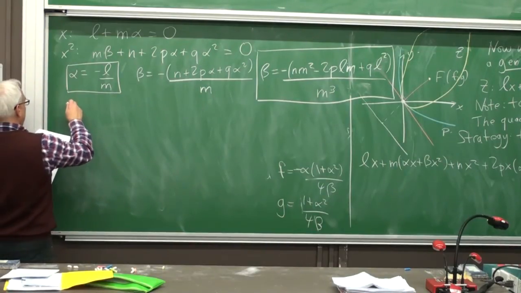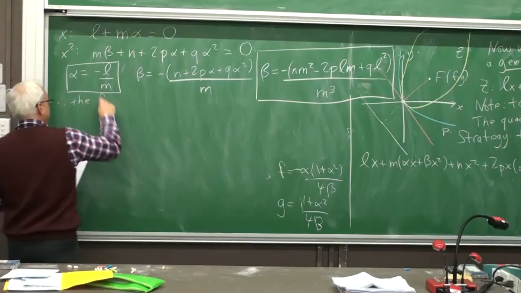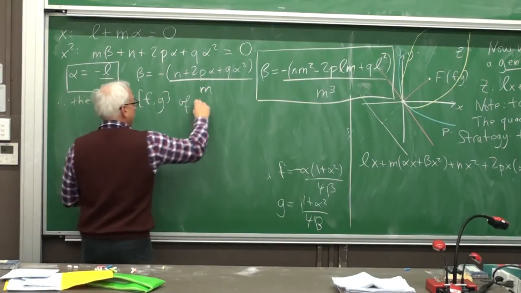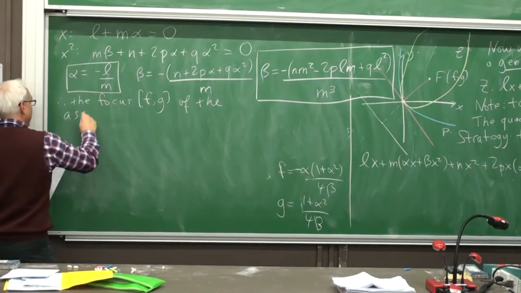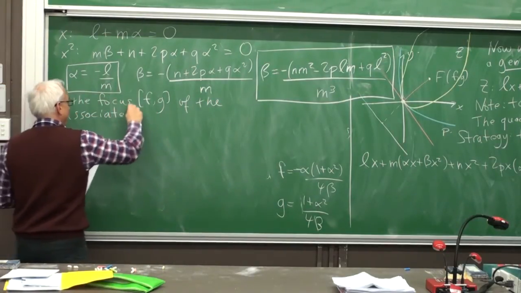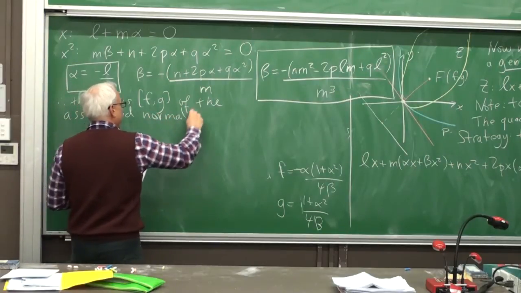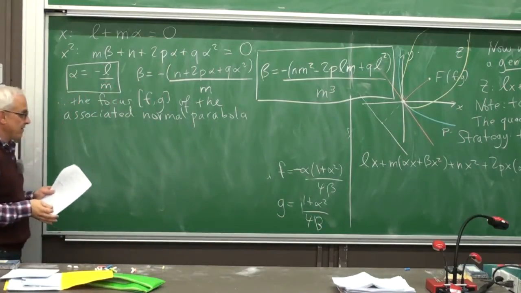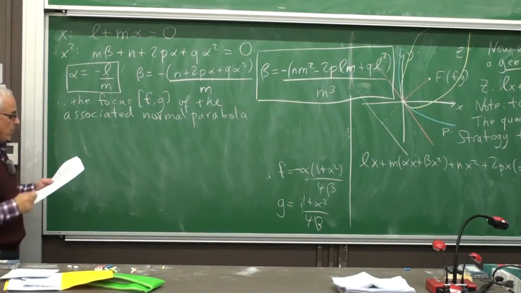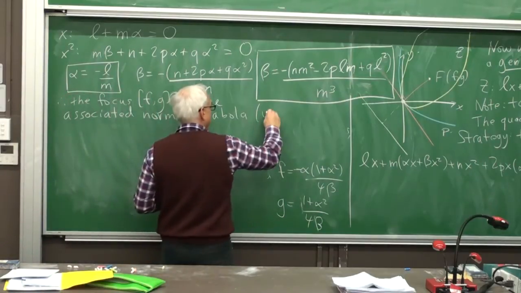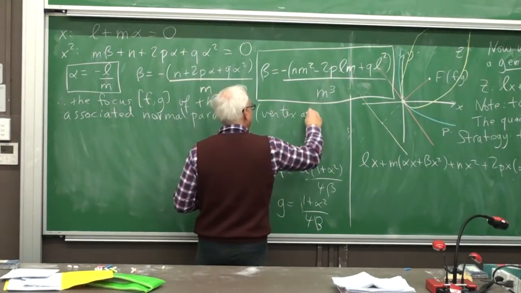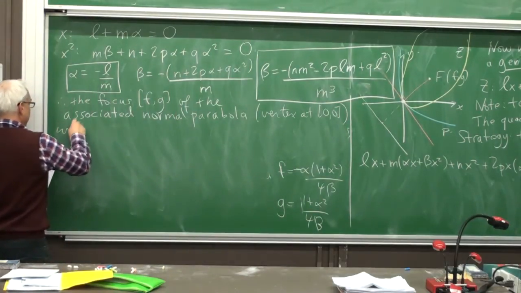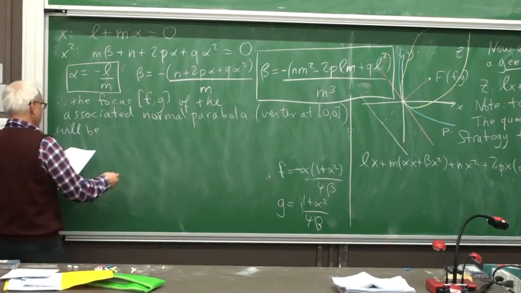So therefore, the focus (f, g) of the associated normal parabola, by that I mean vertex at the identity, or at the origin, will be, okay, so the first one is f.